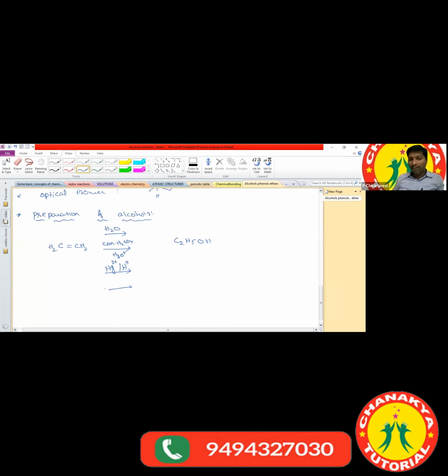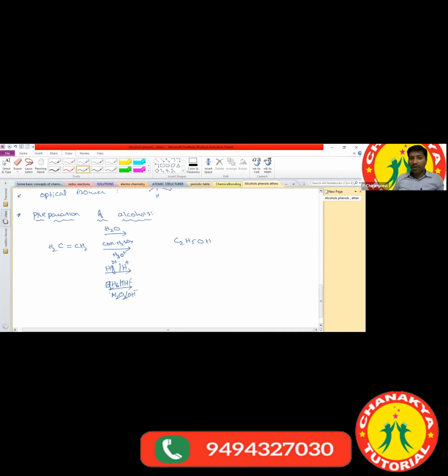What other method are we using? The hydroboration oxidation reaction. What reagent do we use in the hydroboration oxidation reaction? We use B2H6 in the presence of tetrahydrofuran, and in the presence of peroxide, H2O2, OH-. This we can call the hydroboration oxidation reaction.